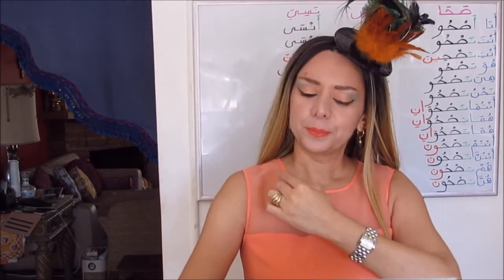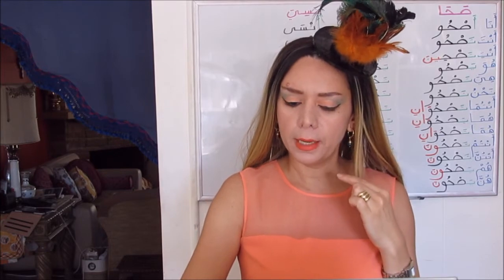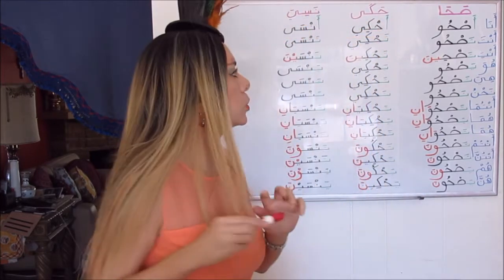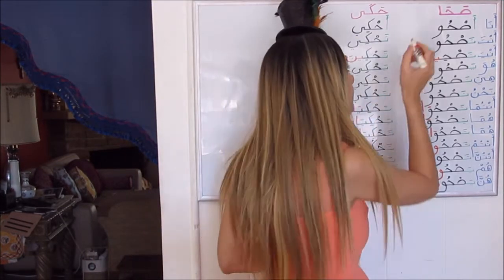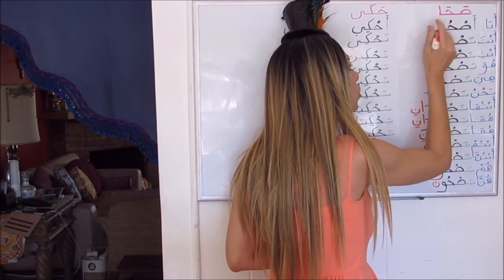Here is another case to be investigated by the FBI. In theory, the conjugation should be أنا أصحو, so normally we would have that dhamma in here over the waw.